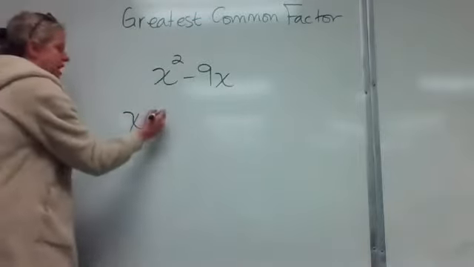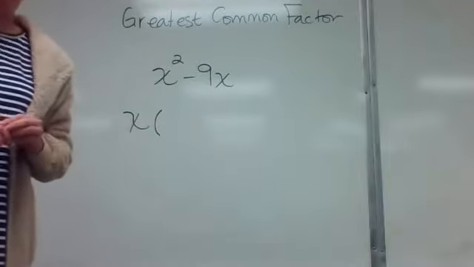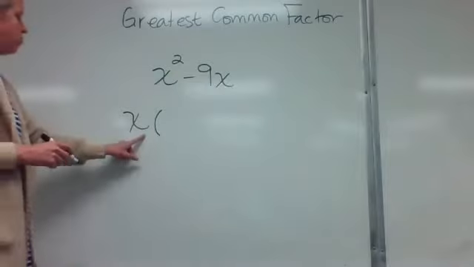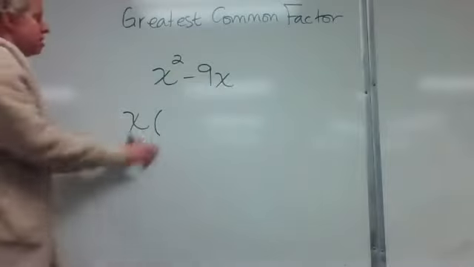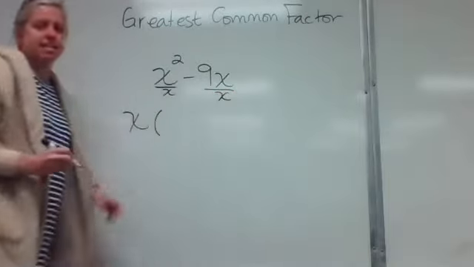So after you pull it out, you are going to put in parentheses what's left. So how do I find what is left? Whatever you pulled out right here, you're going to divide both of those terms by that.